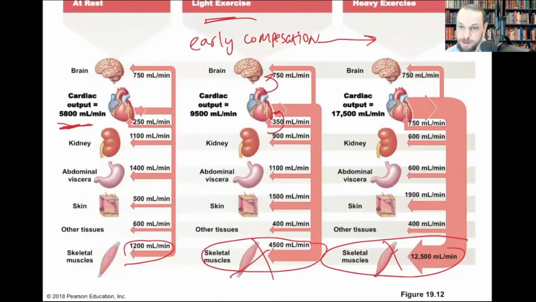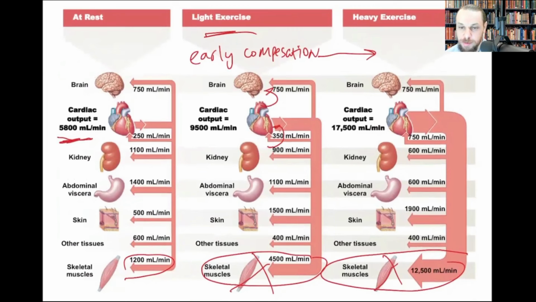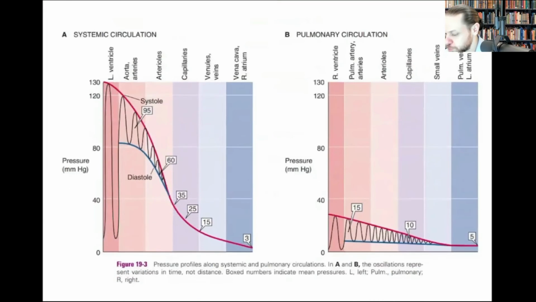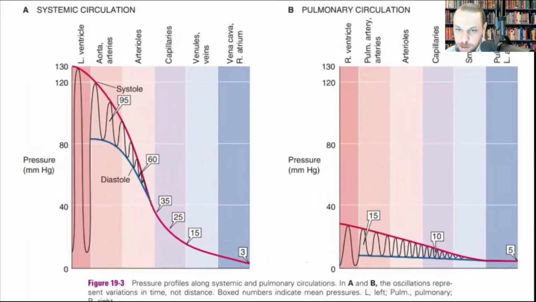And this will go on until you have those stores. But after a while, if your body can no longer compensate, you're going to go into decompensated shock. But this diagram just basically shows you that when you start to exercise, your cardiac output increases because predominantly it's going to your muscle.